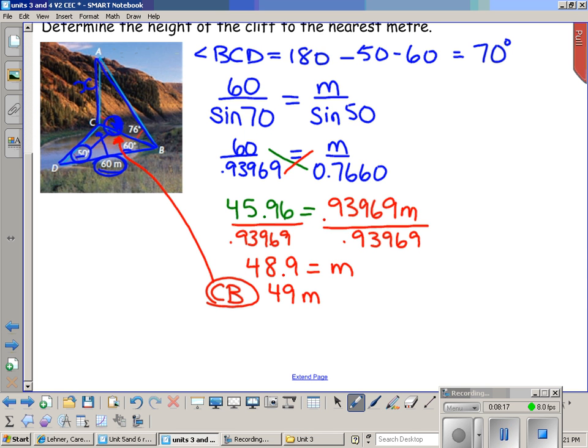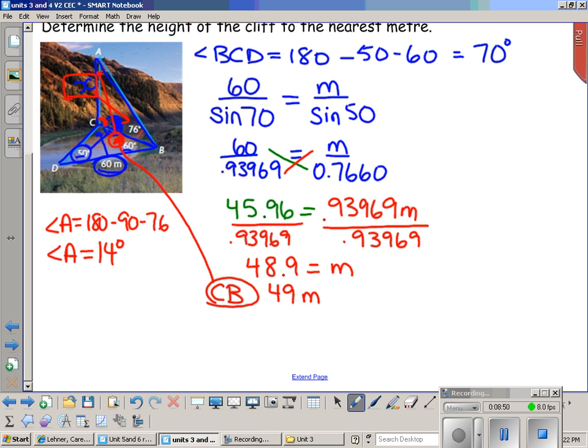So now, looking in that upper triangle, we know this side length. We could figure out its opposite angle. We are looking for this side length, and we know its opposite angle. So what we can do, this was a 90-degree angle. It was indicated in the diagram. This is 76. So angle A is going to be 180, subtract 90, subtract 76, which is 14.